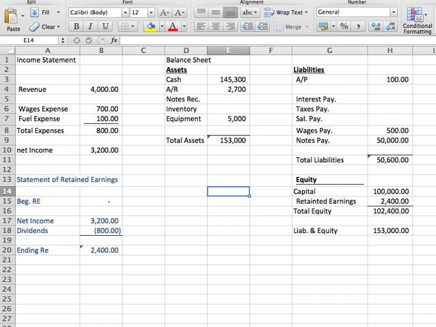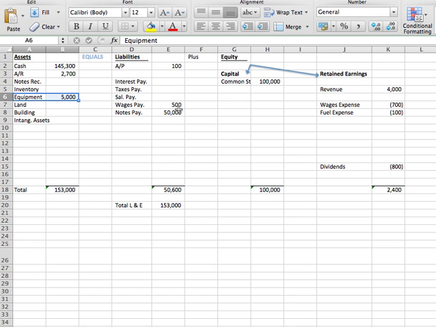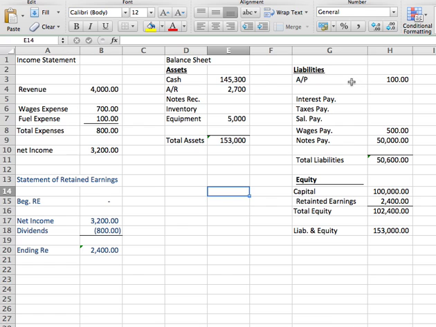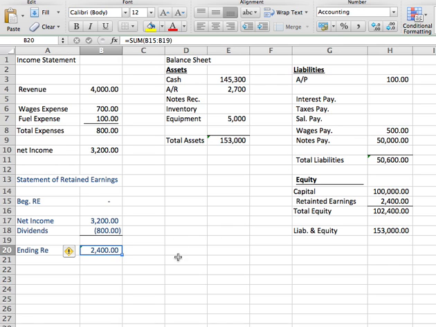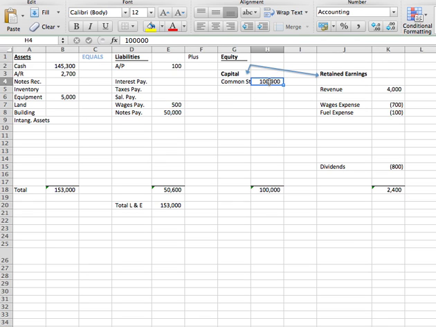I do the same for my liabilities. In my case, I have accounts payable, some wages payable, and notes payable. And here they are right here. Now for the equity, there are 2 parts. There's the retained earnings, which again came from the statement of retained earnings, and there's capital, which came from here in the form of common stock.